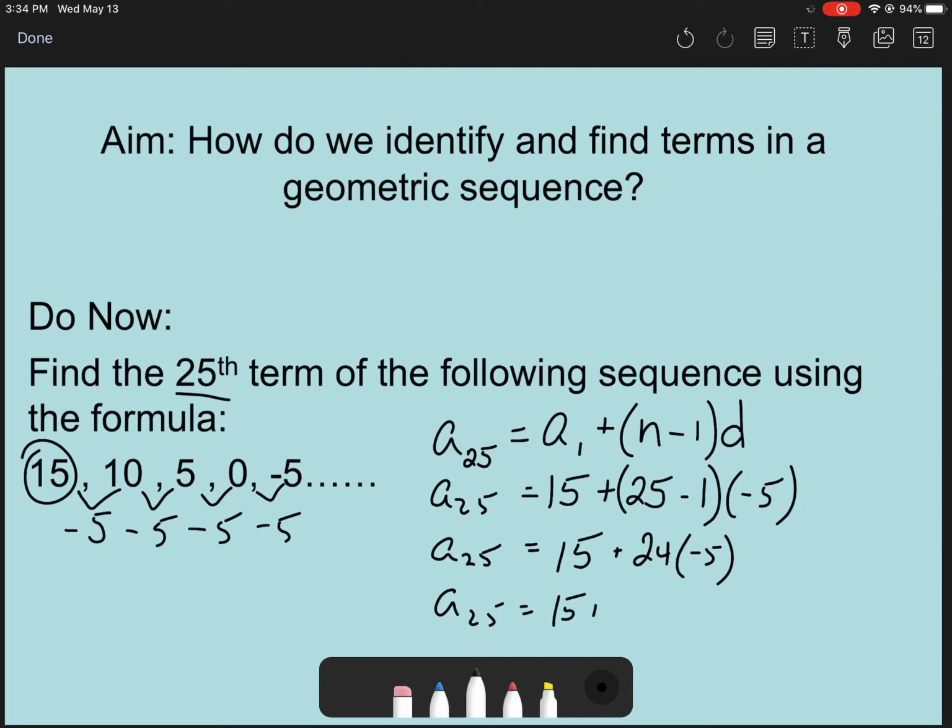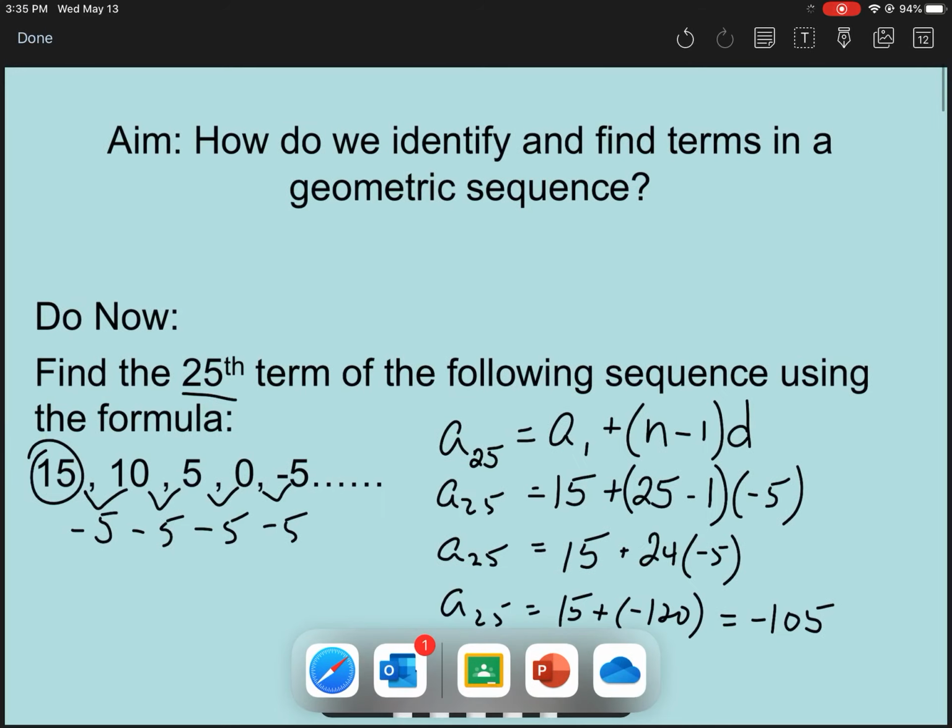And then 15 plus a negative 120, so hit answer. Okay, and we get negative 105.